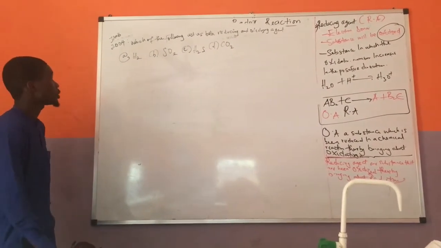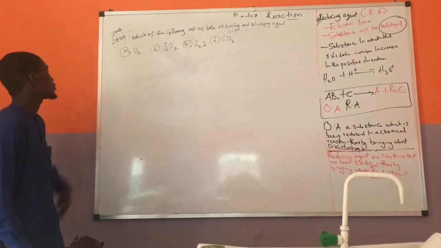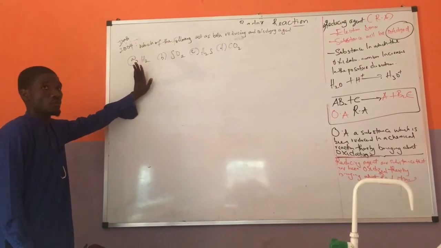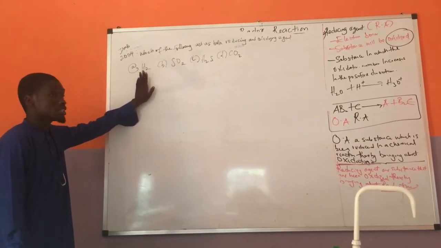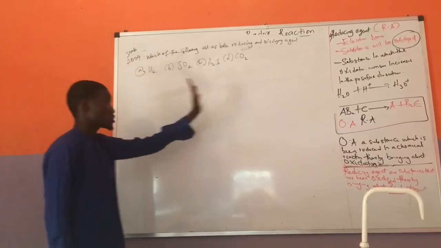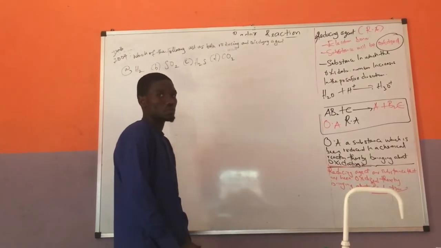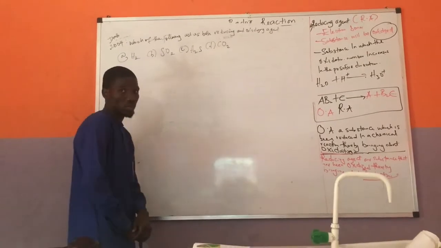Are you with me now? Which of them are both? So now, hydrogen, for example, is an example of an oxidizing agent. So A is not there.